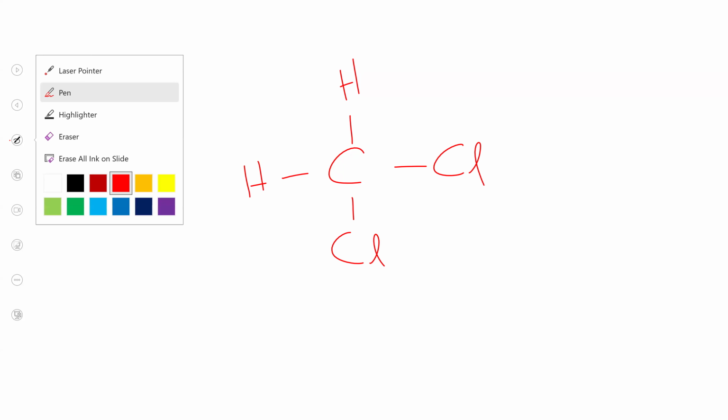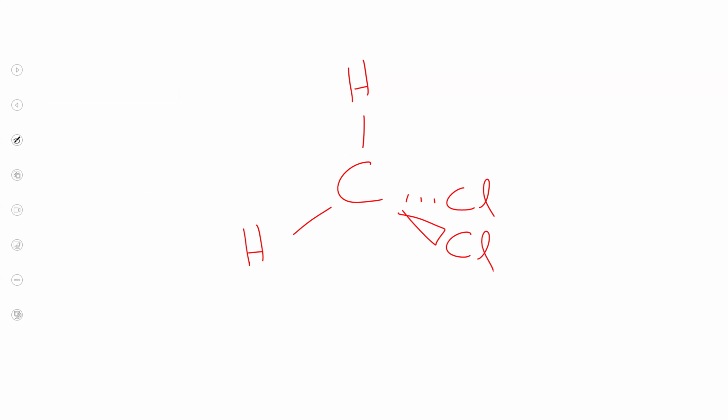So, going back to this molecule, does it have asymmetry? Let me redraw it. Show it in tetrahedral shape. Is it symmetric? Is there a net pull one way versus the other?